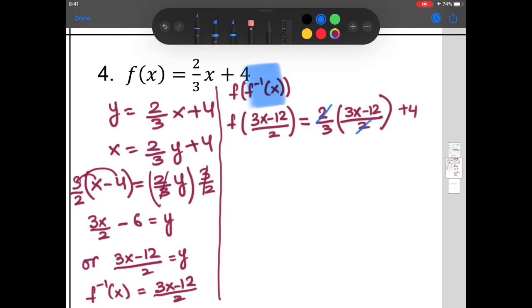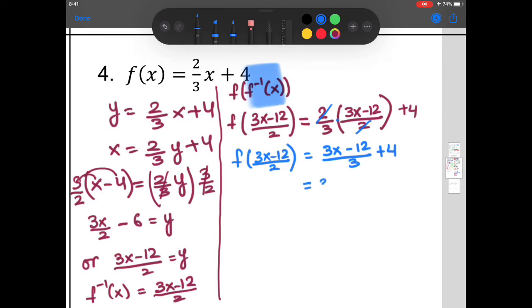So the 2's cancel. I'm going to use a different color so you can see it. Something in the numerator we can cancel with something in the denominator as long as it's multiplication, right? So what are you left with? You're left with 3x minus 12 over 3 plus 4.